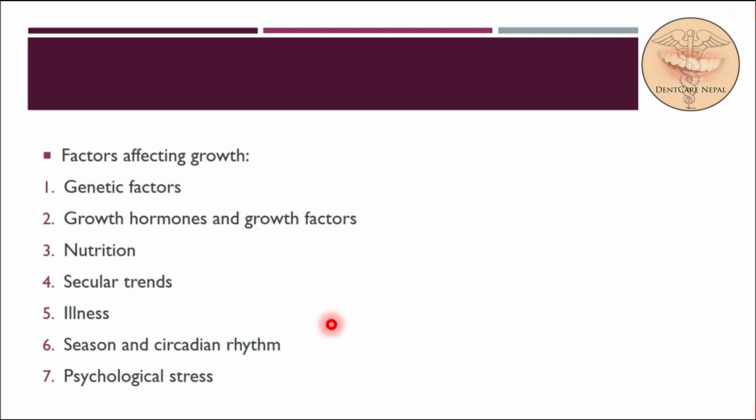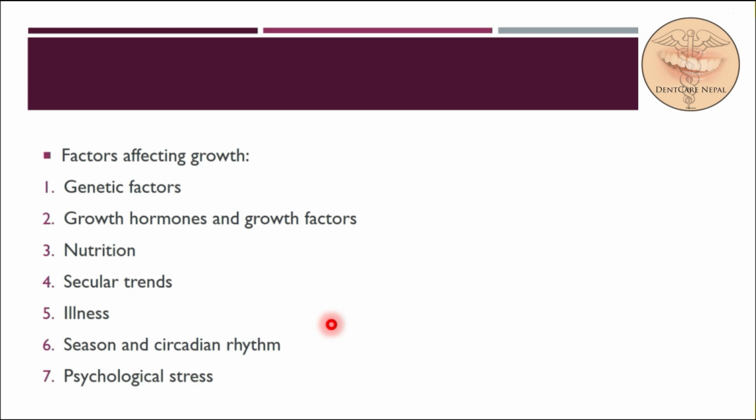Similarly, secular trends: in the past generations, over the last 100 to 200 years, people used to be of a small size, but these days a general increase in size has been observed. Another factor affecting growth is illness. If some chronic prolonged illness is present in childhood, growth can be retarded.